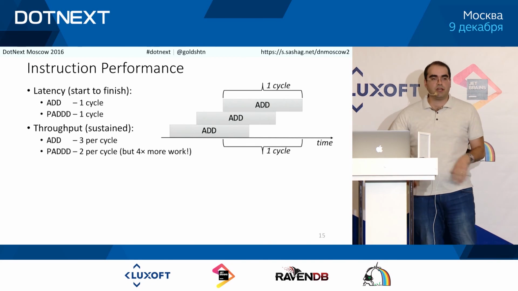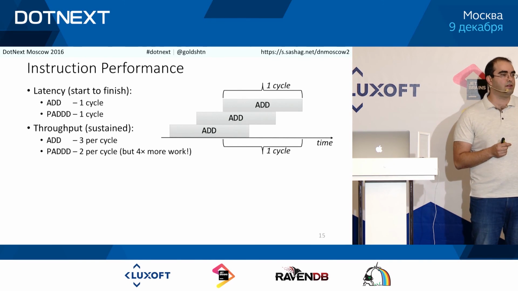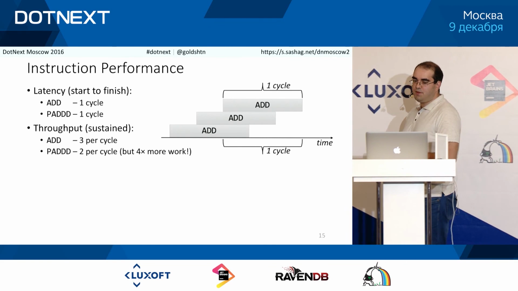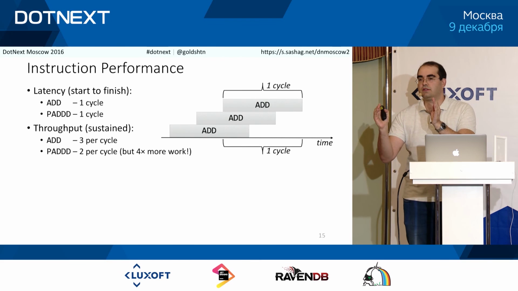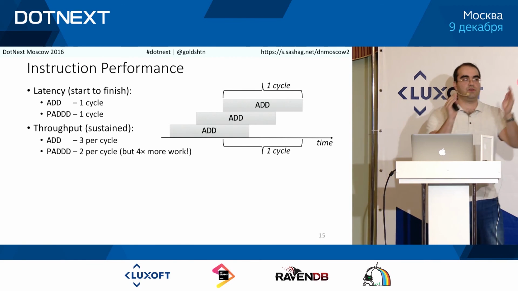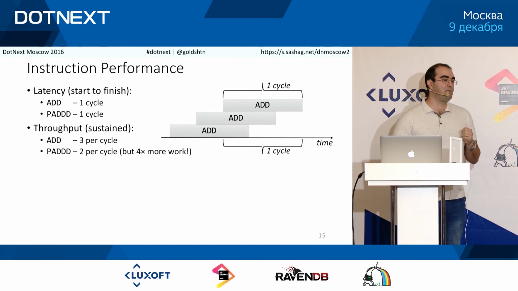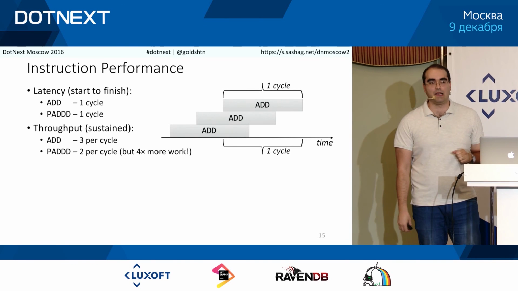In a modern processor running at 3 gigahertz, 1 cycle is like 1/3 of a nanosecond. That's pretty quick. And then you also have the PADDD instruction, which adds 4 ints to 4 ints, producing 4 results. That also takes 1 cycle. Not 4 cycles, not 3 cycles, not 2 cycles, still 1 cycle.